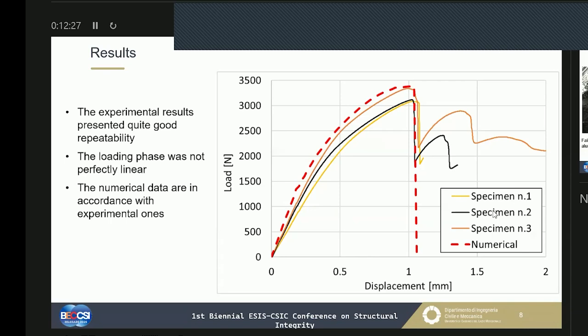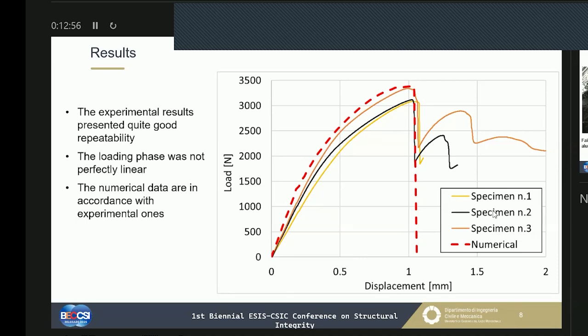This is due to the fact that the first load drop was given by the failure of the interface, but the parts, so the laminates and the aluminum sheets, were still undamaged, or at most slightly damaged. This specimen behaved like a leaf spring, and for this reason we have the second load increase.